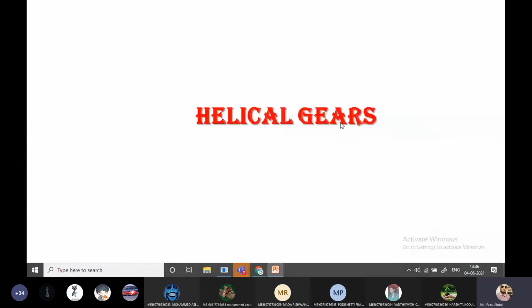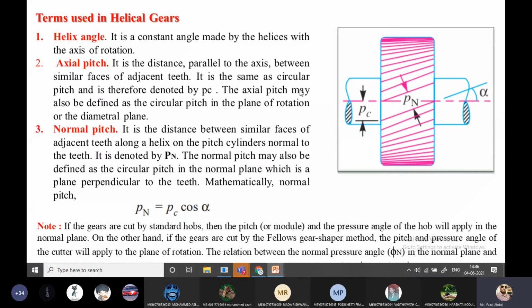So this is another topic in the second unit, that is design of gears. The second one is design of helical gears. So helical gear means what, Babu?